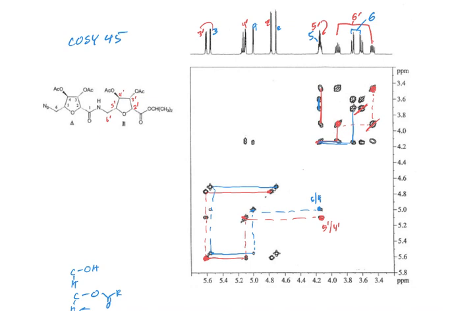Okay, so let me finish drawing these in, though. So it was from this side of this, goes to that, and from this side of this goes to here. Okay, so we're just able to walk our way around both of these molecules and do all of the assignments.